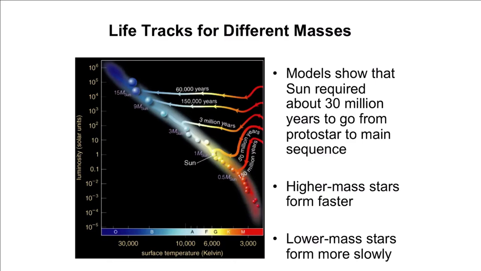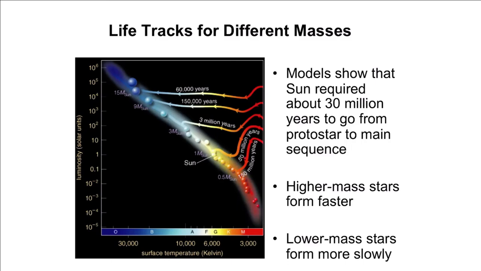Here is a 15 solar mass star that only takes about 60,000 years to go all the way across and reach the main sequence and start hydrogen burning in the core. 9 solar mass stars take way longer than that, 150,000 years. 3 million years for these 3 solar mass stars. The sun, we think, took 50 million years just to reach the main sequence and get hot enough that it could fuse hydrogen into helium.